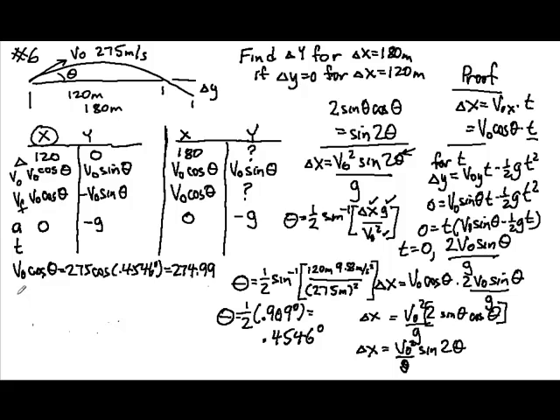Now the initial velocity in the y direction: v naught sine theta is equal to 275 times the sine of 0.4546 degrees, and I get 2.18 meters per second.